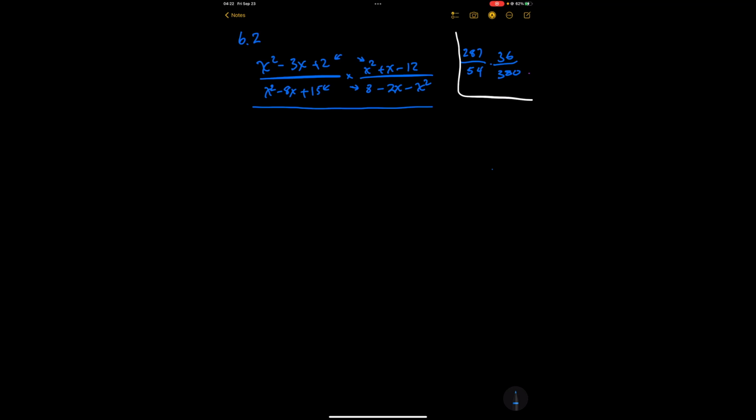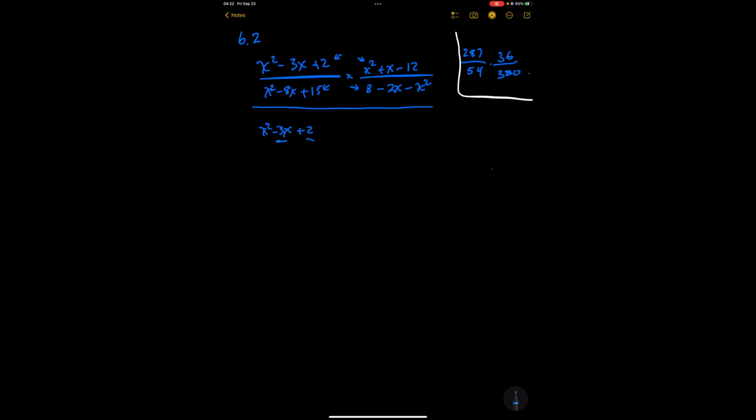Let's look at the first one, x squared minus 3x plus 2. So what I want you guys to think about is, what two numbers do you add together to get 3, and when you multiply them you get 2? Well, let's try 2 and 1. All right.